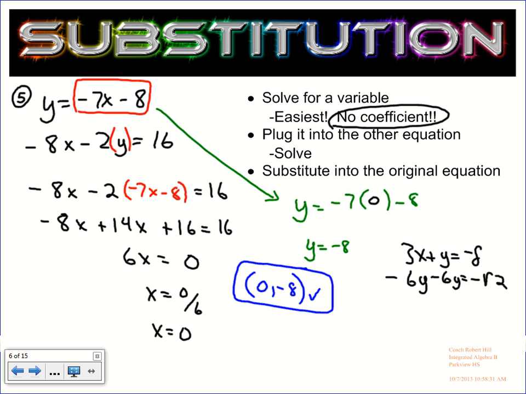If I were going to solve one of the equations for one of its variables, I would solve this first equation for y, because the coefficient of one of the variables was 1. So solve that one by substitution and go on.